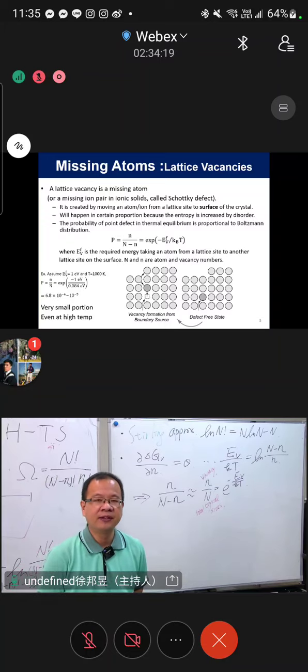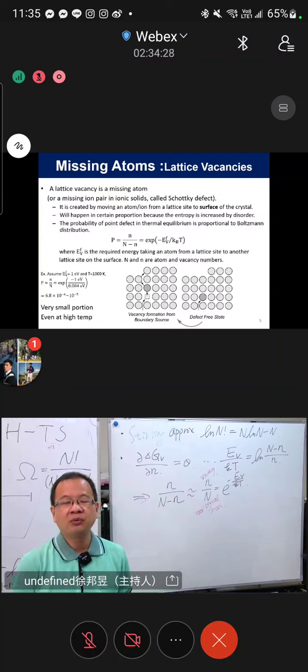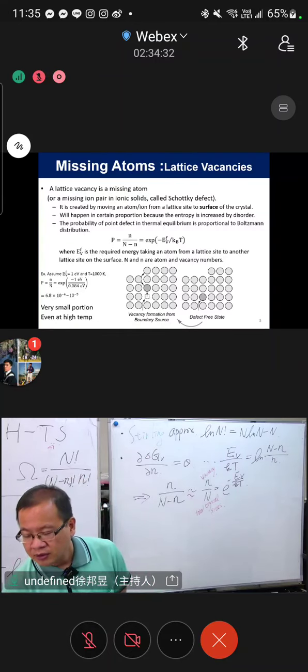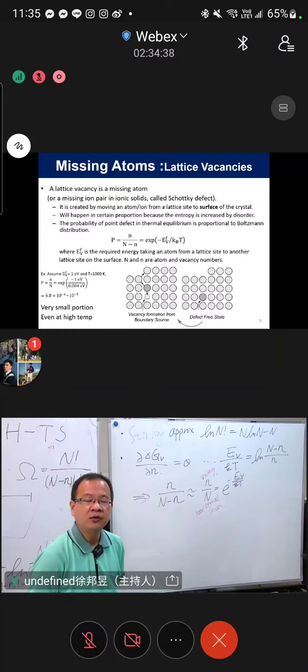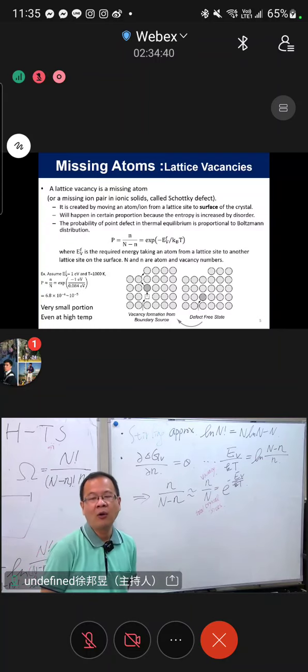So the probability for this defect to appear is calculated by the Boltzmann distribution that we just finished. So you put 1 eV as -1 divided by what temperature I define? Okay, 1000 K. At 1000 Kelvin, after you calculate it by your calculator or whatever, the probability is about 10 to the -5.